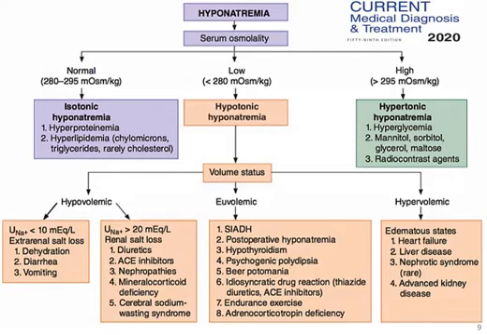Here you can see a short summary of hyponatremias, which can be further classified into isotonic, hypotonic, and hypertonic ones. The biggest group is obviously hypotonic hyponatremia. Rarer conditions are isotonic and hypertonic ones.